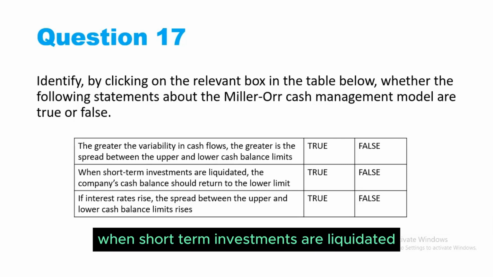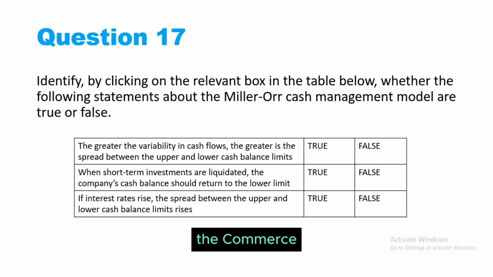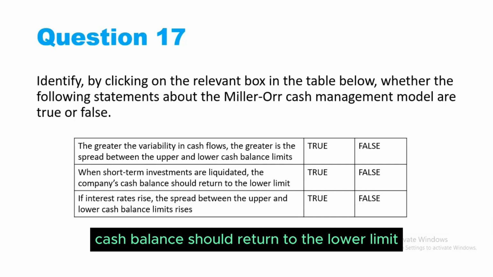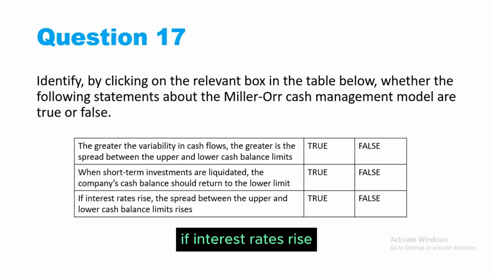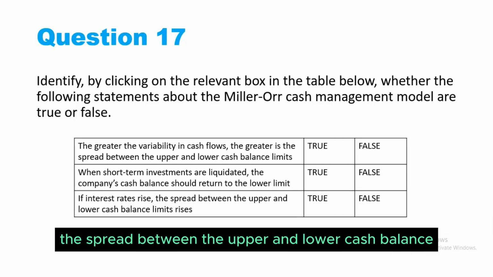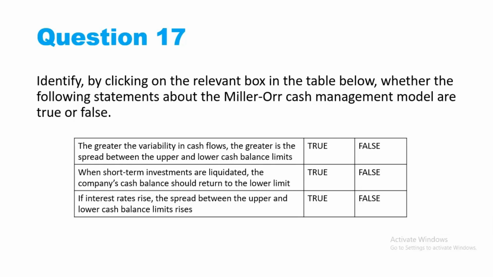When short-term investments are liquidated, the company's cash balance should return to the lower limit. If interest rates rise, the spread between the upper and lower cash balance limit rises.